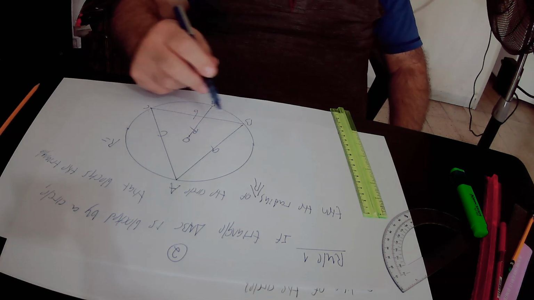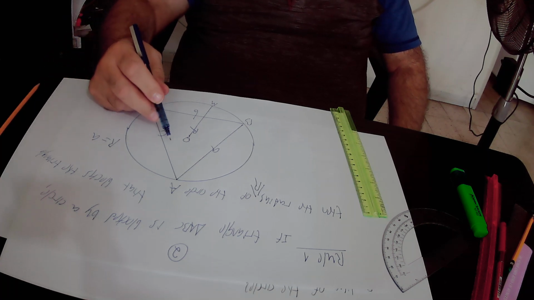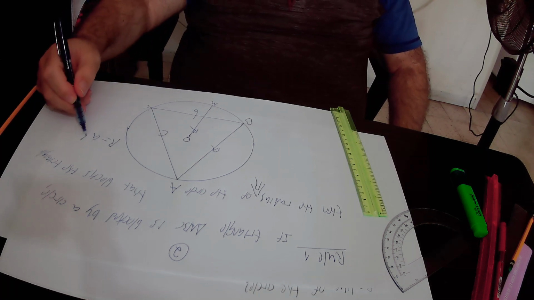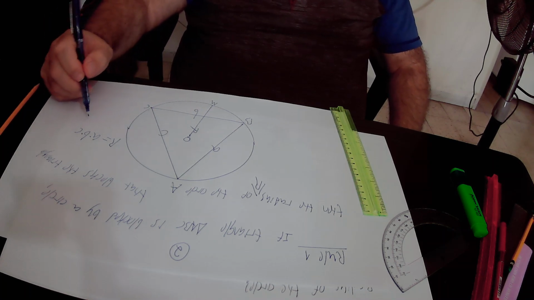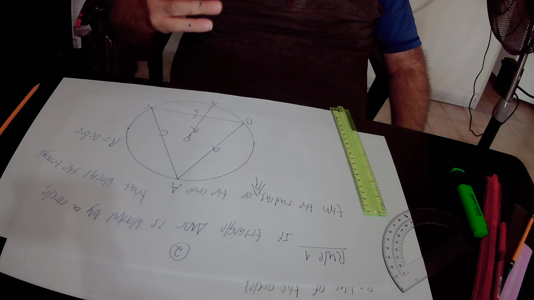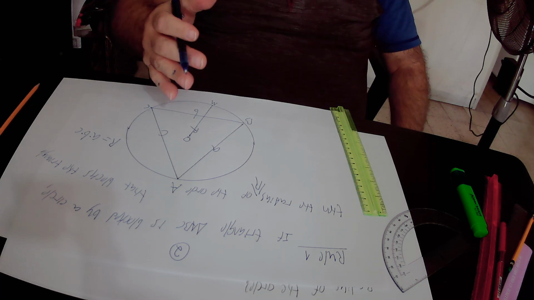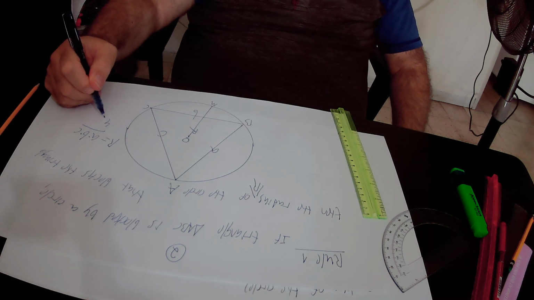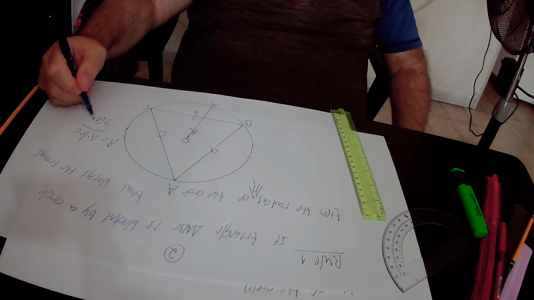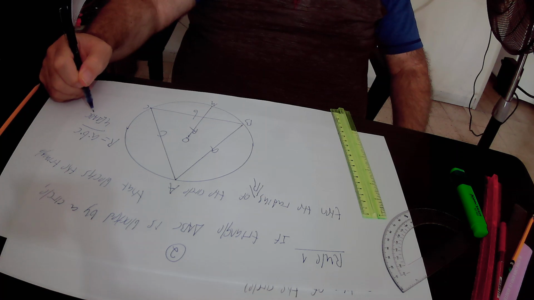The length of side AB is A, the length of side BC is B, and the length of side AC is C. So it is A times B times C, the multiplication of the side lengths of triangle ABC by each other, over 4 times the area of triangle ABC. Okay?